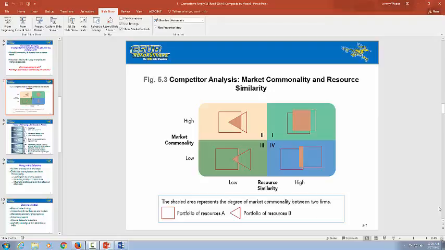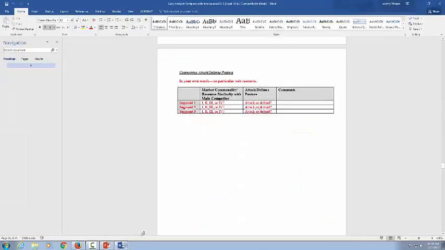Whether it's in quadrant 3, where there's little overlap in either area, or whether it's quadrant 4, where there's high overlap in resources but low overlap in common markets.